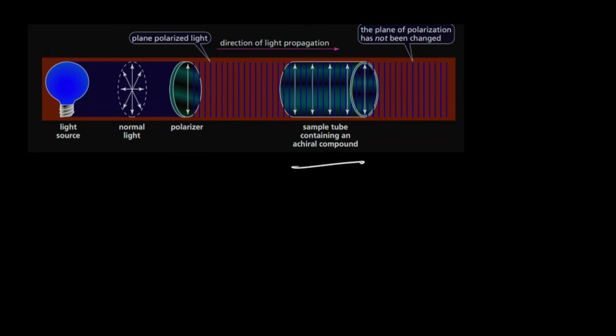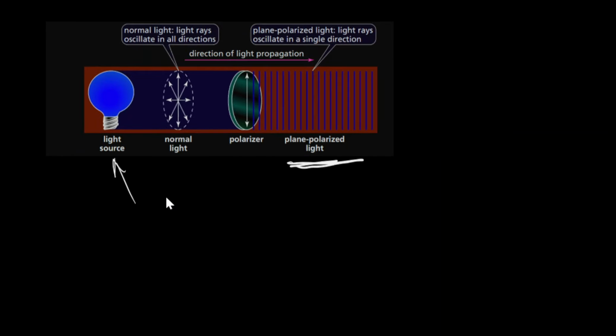First, we have a polarization taking place here, and we have our plane polarized light. In measuring the specific rotation, we want to find the degree, the extent, the amount to which the plane polarized light is deviated from its original plane. That's what the observed or specific rotation is.